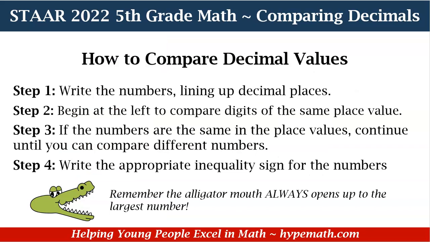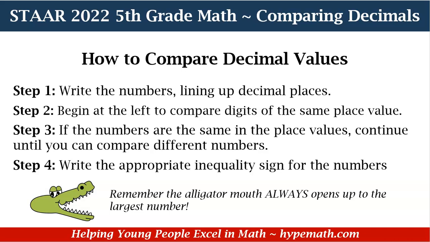Now, before we dive into our problems, let's do a review of how to compare decimal values. Step 1, we need to write the numbers lining up the decimal places, which is so key. Step 2, begin at the left to compare digits of the same place value.